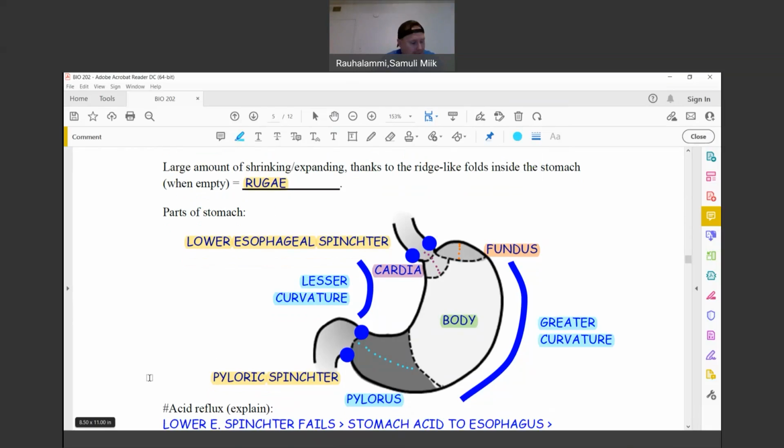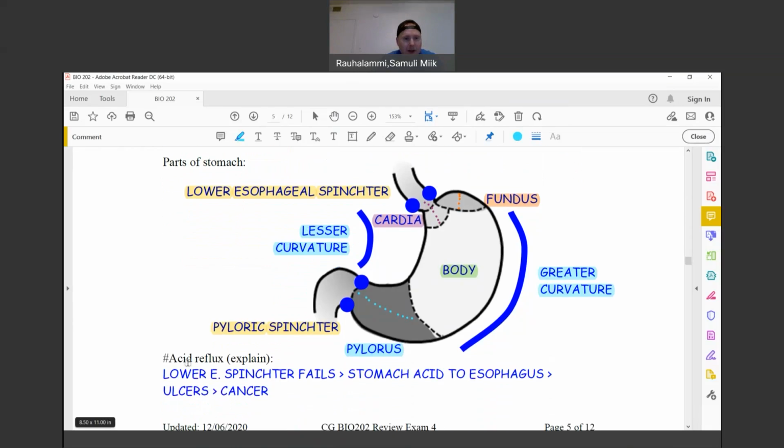I do want to discuss a couple of concepts, and the first one is acid reflux. Anyone who has ever had heartburn, what happens in acid reflux? Acid reflux takes place when the lower esophageal sphincter fails and some of the stomach acids escape to the esophagus.